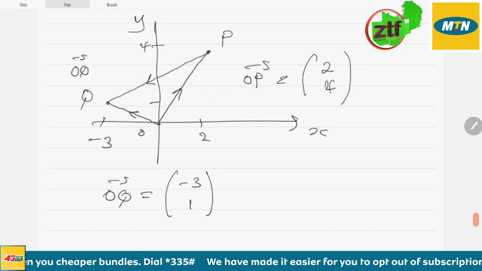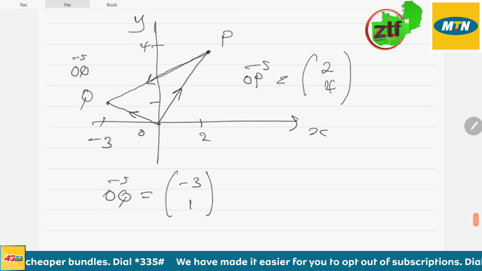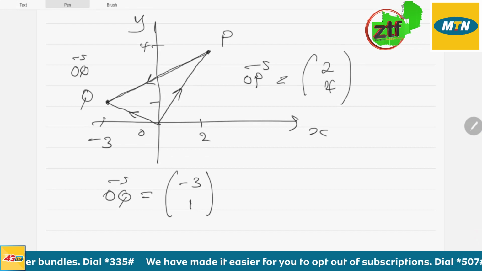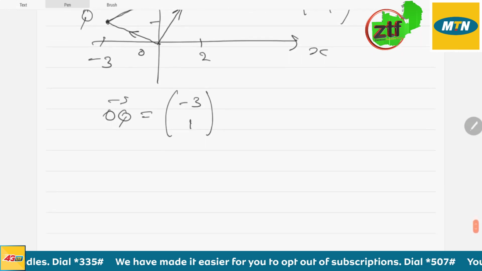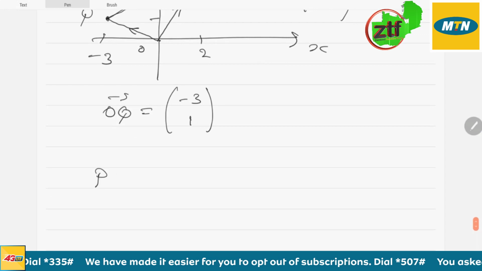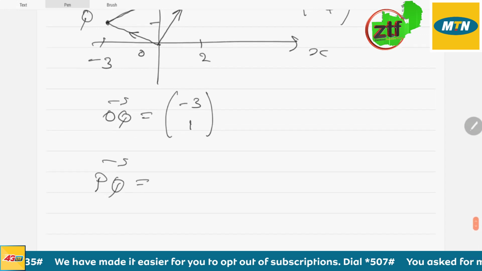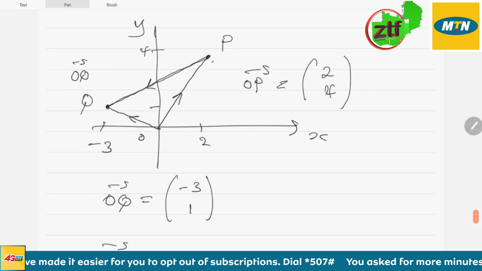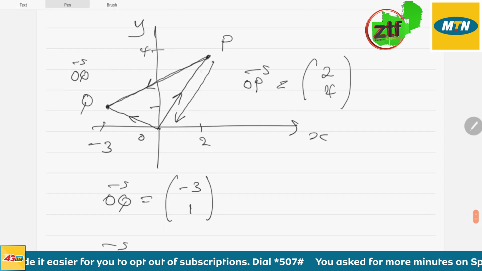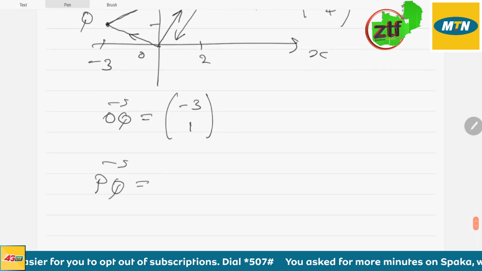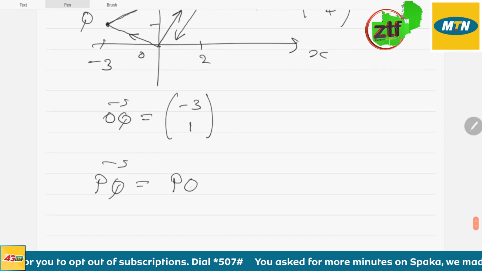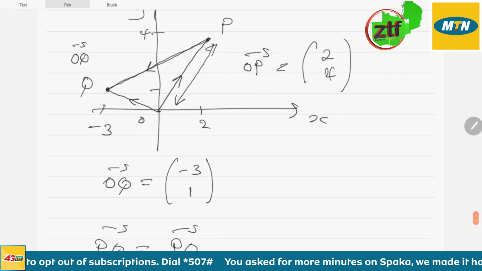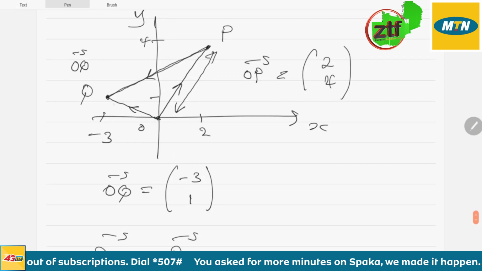So, how do we find PQ? We are moving from the point P going to the point Q. So how do we get the vector? Vector PQ will be given by moving from P to the origin, in this direction. So we'll move PO, then plus OQ.